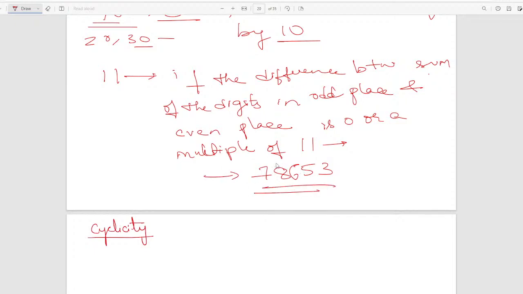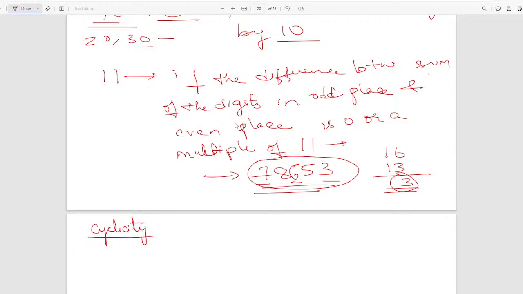We have to take the sum of the odd digits and then the even digits. 7 plus 6 plus 3 is 16. 8 plus 5 is 13. 16 minus 13 is 3. So this whole number is not divisible by 11. I hope this is clear.